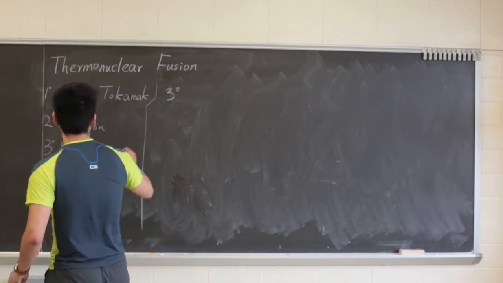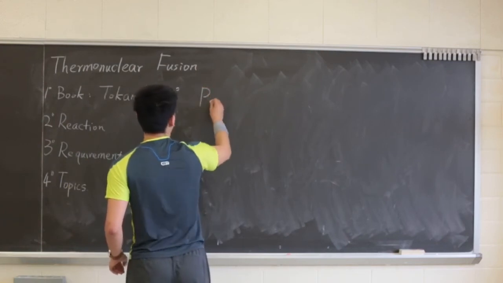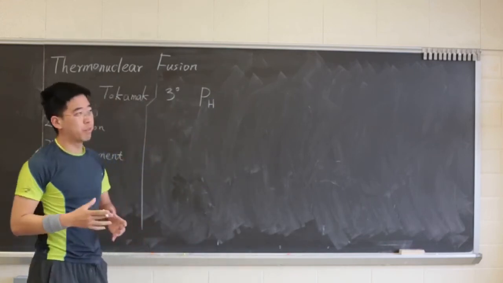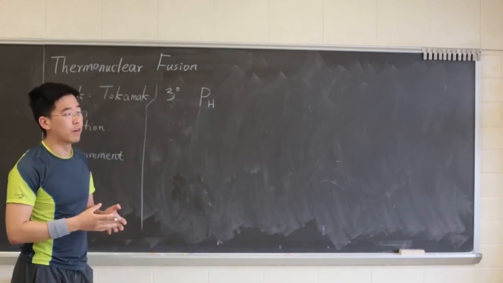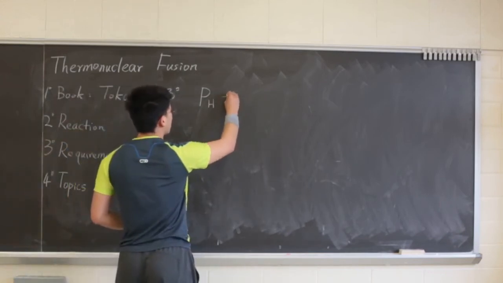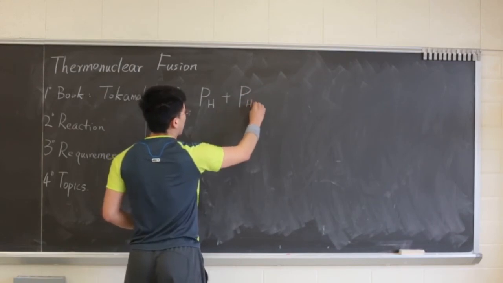You can check on the book. It's basically the power of heating. Basically, you need to pump in the heat from outside. So there's heating power, and also the alpha heating.